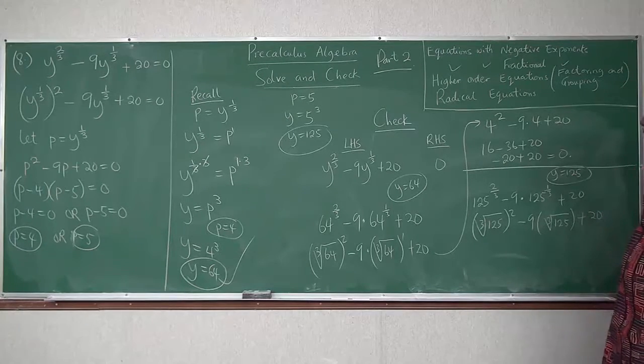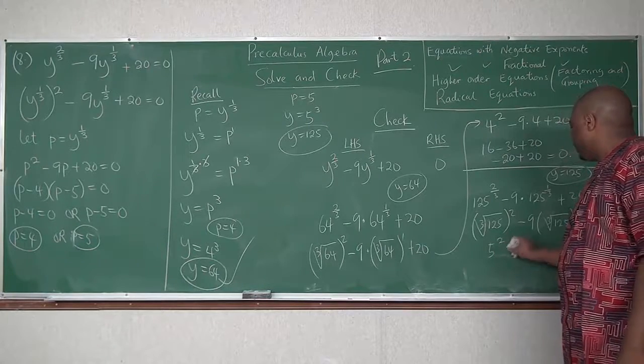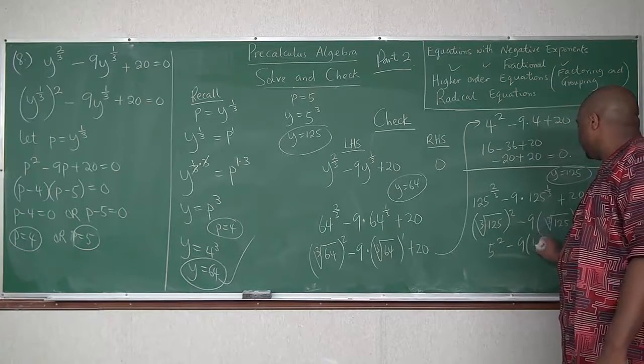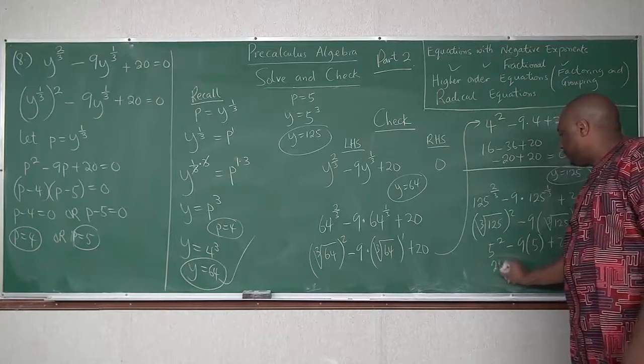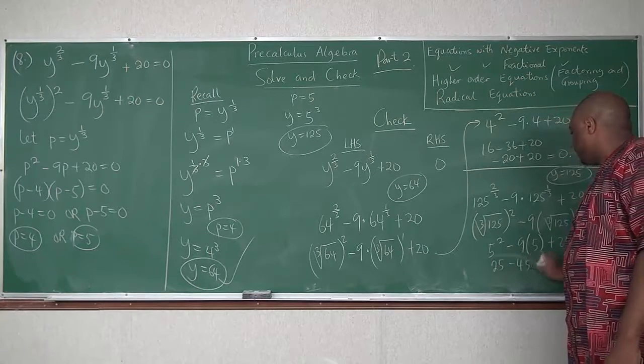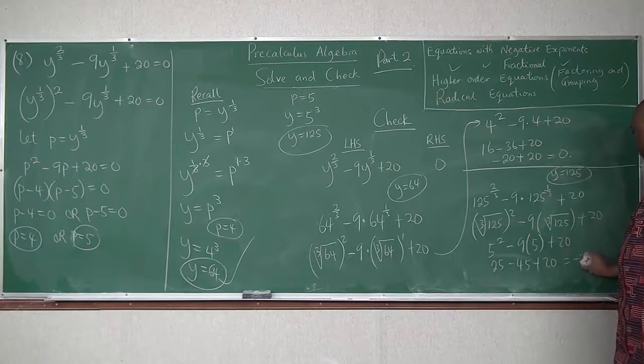Our cube root of 125 is 5. 5 squared minus 9 times 5 plus 20. So this gives us 25 minus 45 plus 20. And that gives us negative 20 plus 20, and that gives us 0.